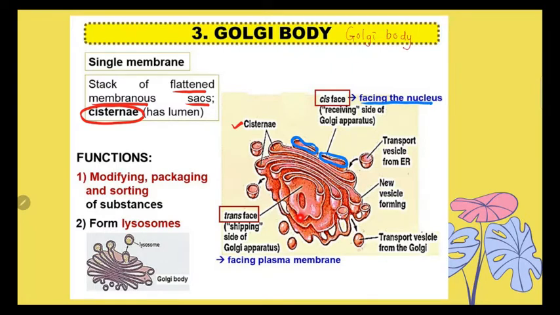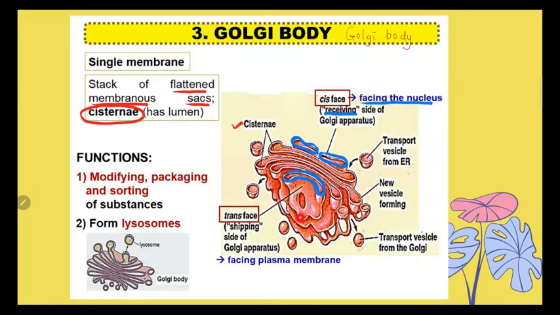So the function of the cis face is actually a receiving site, a place to receive the substances, to receive protein. From where? From rough ER. And then there is also a trans face.